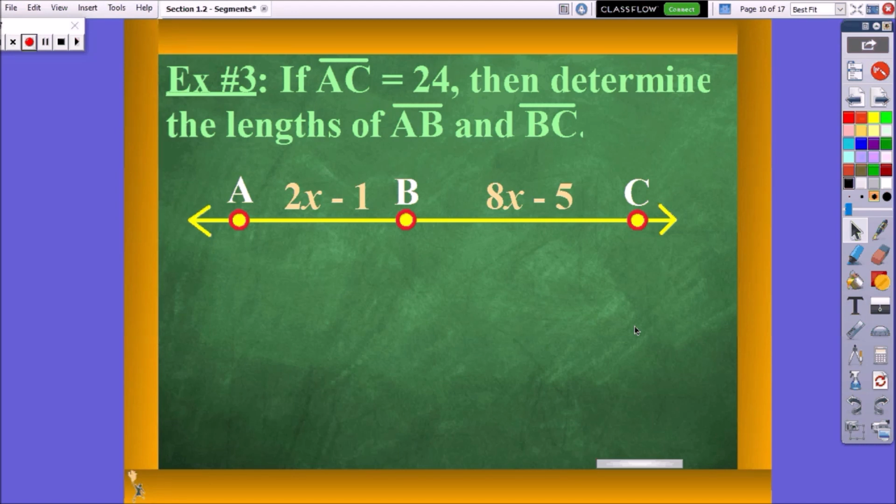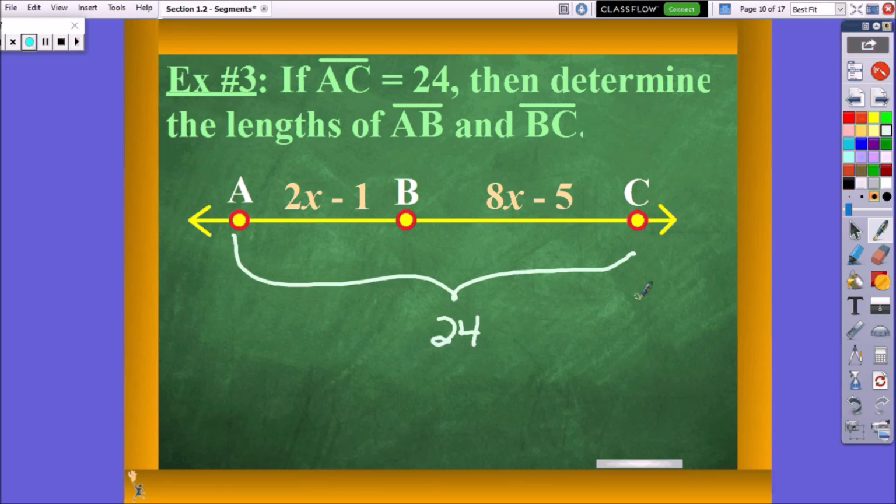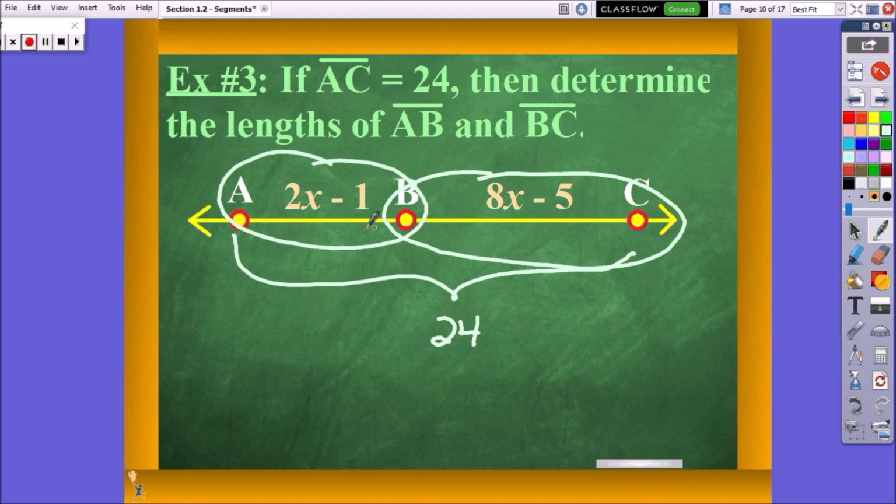Now, here's an example of where it's probably not going to be obvious. If segment AC equals 24, and notice segment AC is this great big segment, then determine the lengths of segment AB and segment BC. But now notice that AB and BC don't just have numbers. They have algebraic expressions.